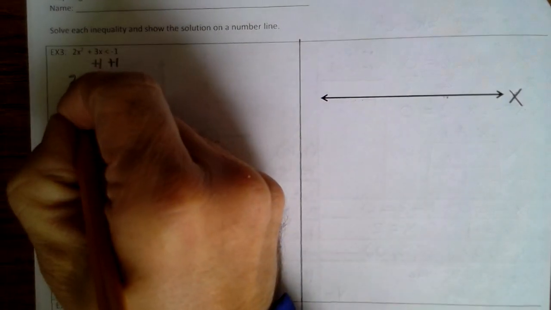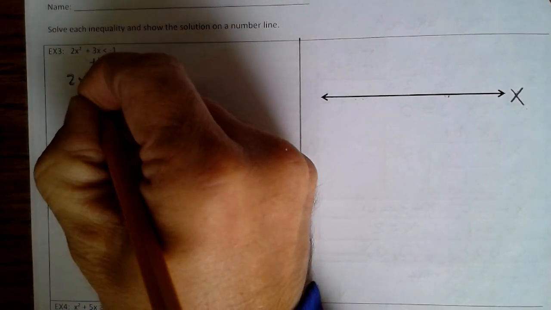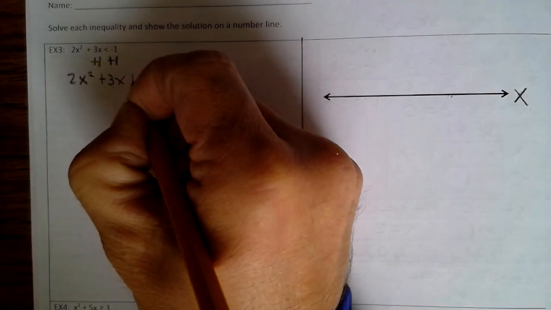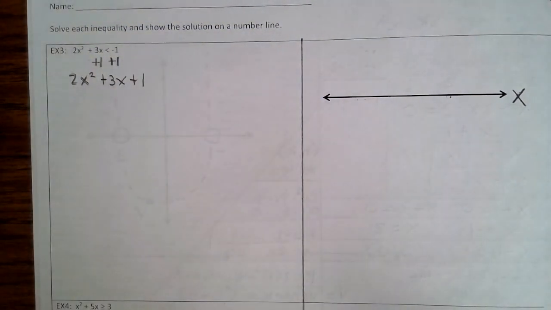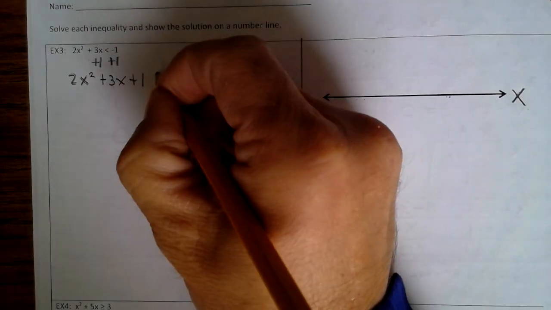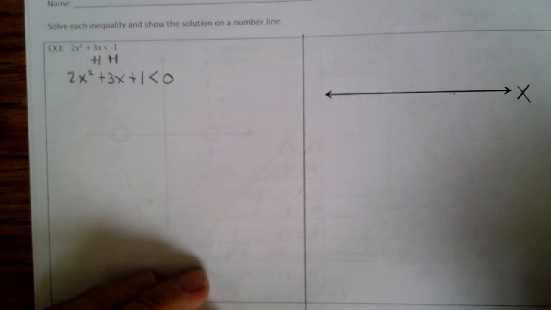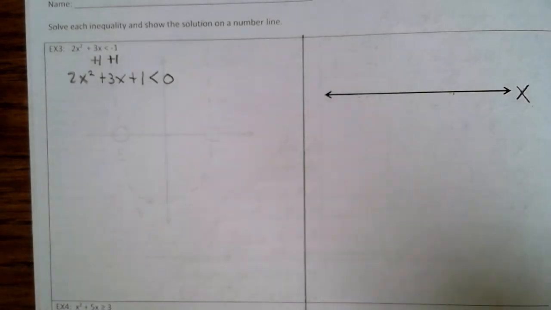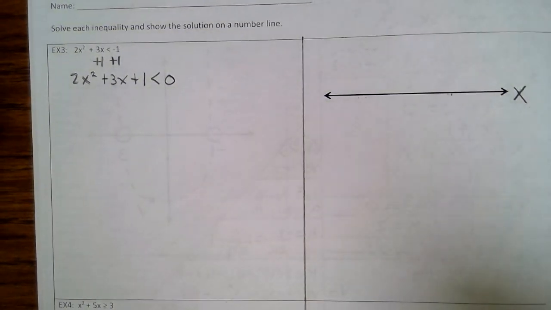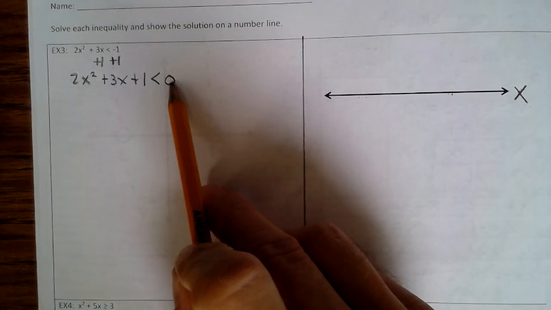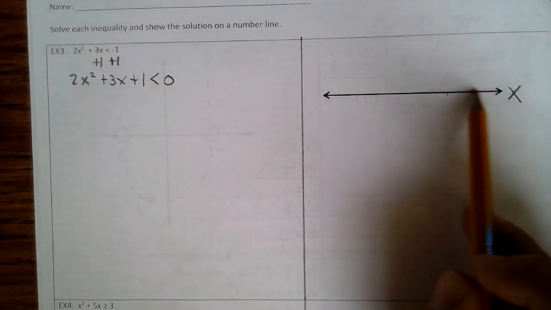So now we have 2x squared plus 3x plus 1 less than 0. But the 0 is there because we're trying to find where it's going to cross the x-axis, 0.